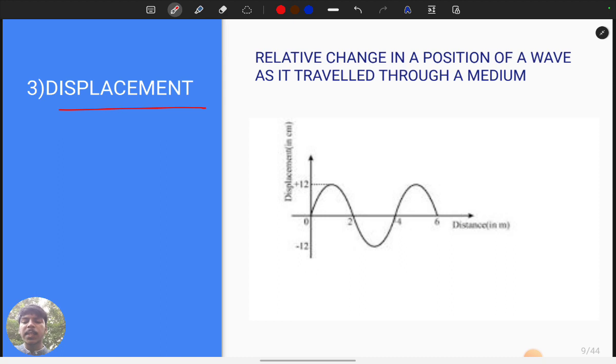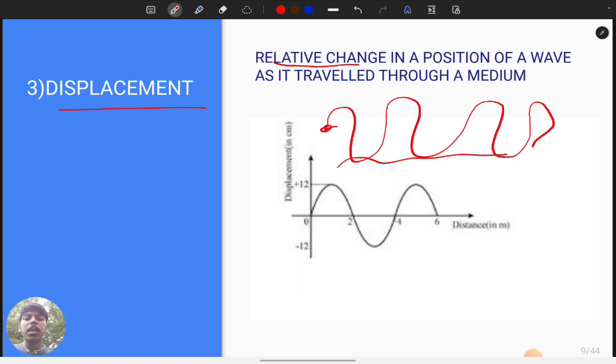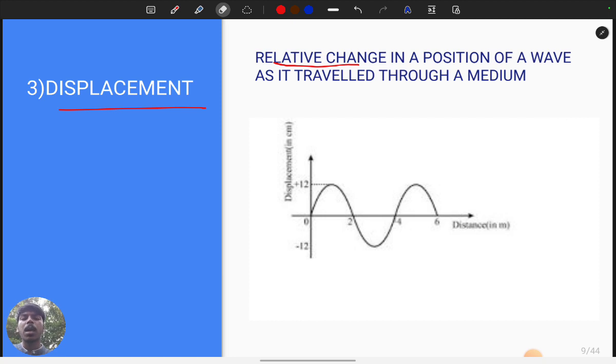A medium is necessary for this kind of disturbance to travel. The particle is at rest here, but it changes position because some disturbance happens inside it, so it will show some displacement. When waves are formed, displacement is automatically formed. Am I right? It is the relative change in position of a wave as it travels through a medium, so it gets displaced.